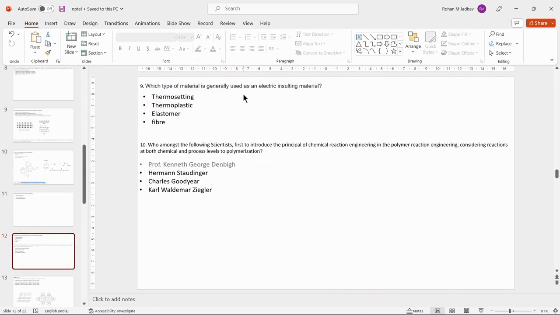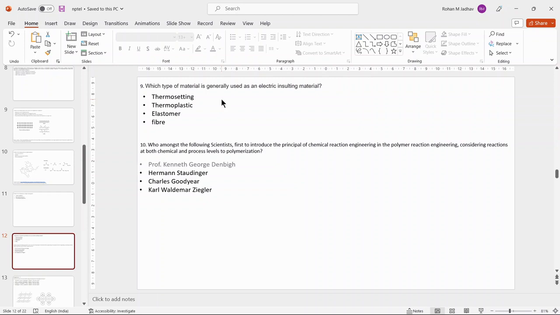Which type of material is generally used as an electrical insulating material? As discussed before, thermosetting polymers can withstand very high temperatures, and thermoplastics lose their properties under high temperatures. Then we have elastomers and fiber.